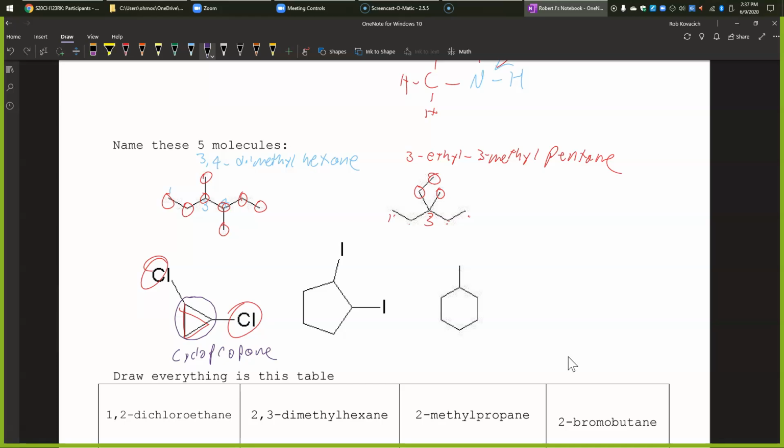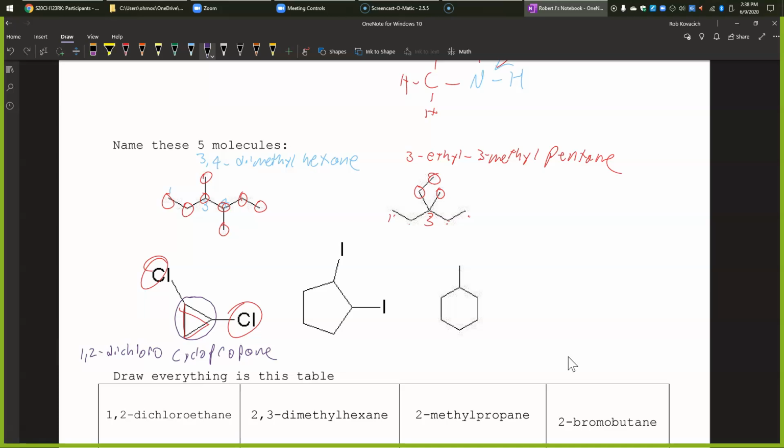So what's attached to my cyclopropane? Chlorine. So I have 2 chlorines, and we call that a chloro, and 2 of them is a dichloro, and they're on positions number 1 and 2. Because it's a circle, I can make either one of them number 1, so it doesn't really matter which one's 1. And then I go the closest route to get to number 2.